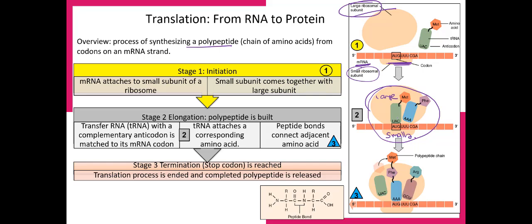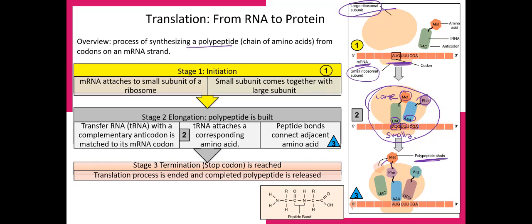So you've got specific transfer RNAs that are complementary to the codons of the messenger RNA being bound together, and each transfer RNA is attached to specific amino acids. Then the amino acids are joined together to form a polypeptide chain, right?